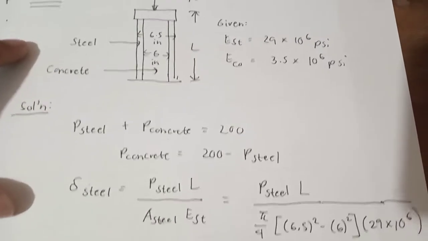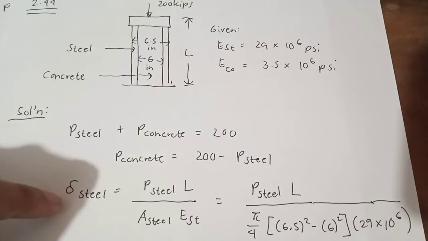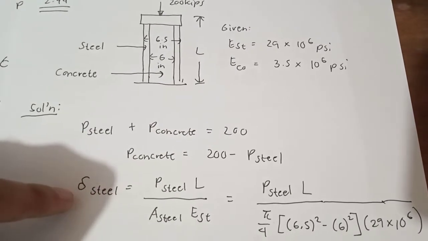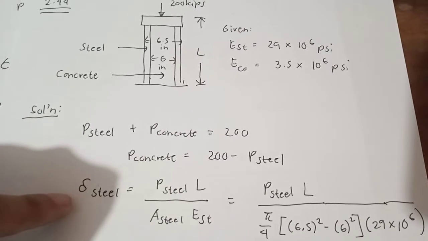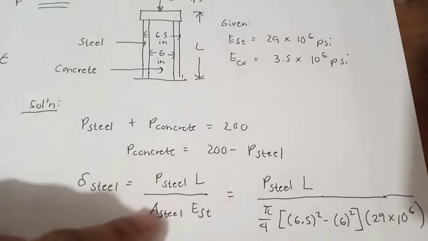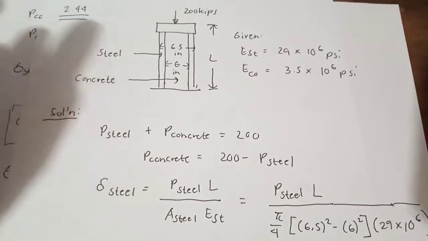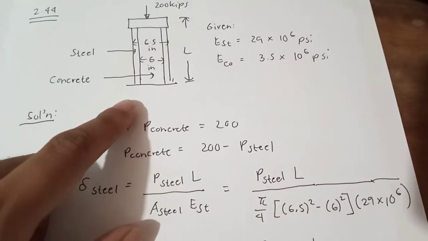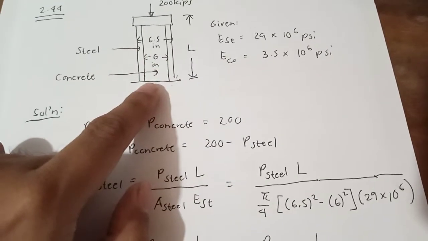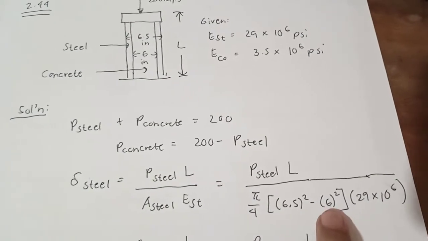The next step is to get the deformation of steel. Referring to the figure, the steel is a hollow material with an outside diameter of 6.5 inch and an inside diameter of 6 inch.